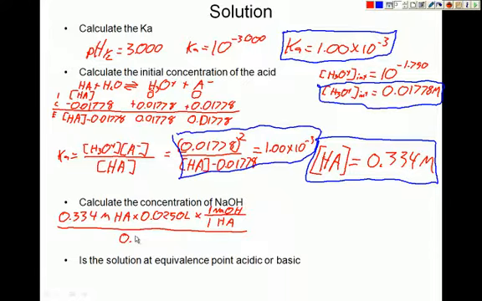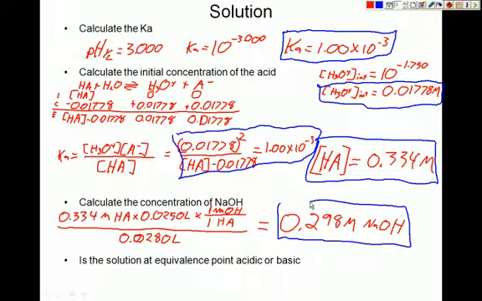We used 28 milliliters, so 0.0280 liters, because we used 28 milliliters of NaOH, and that gives us a concentration of NaOH of 0.298.